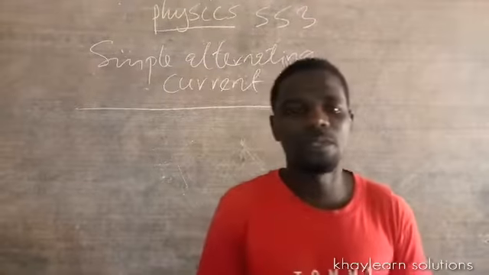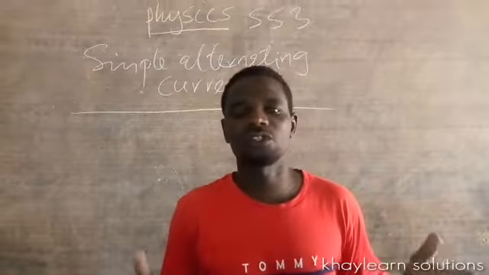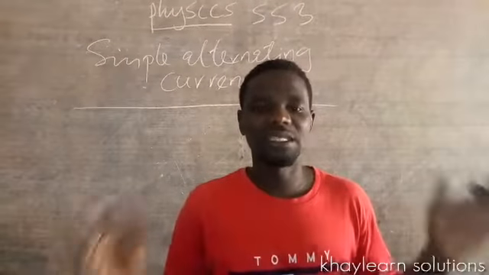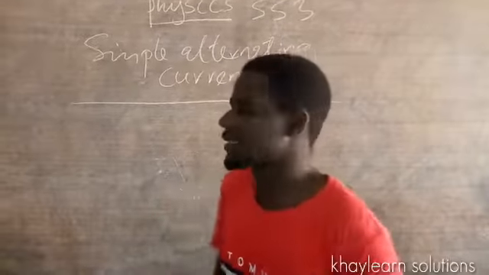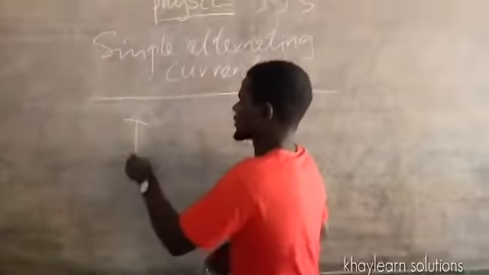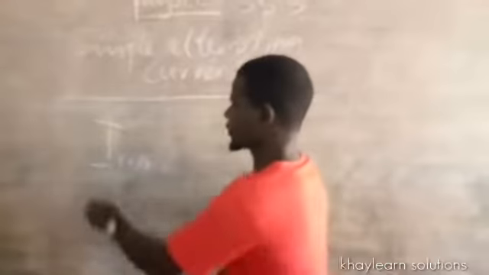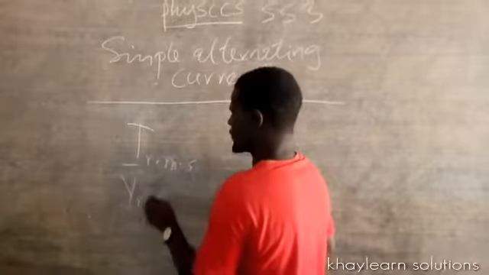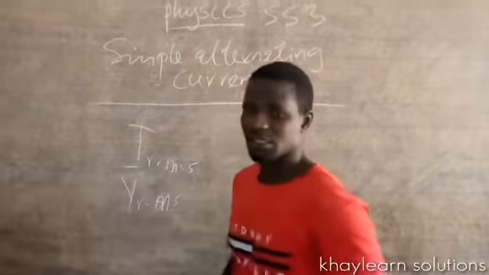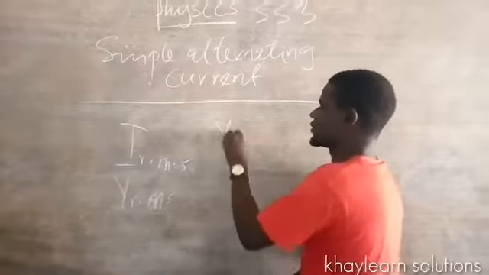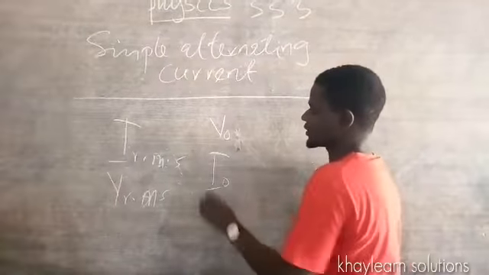Now, there are some important keys that one needs to know under simple alternating current. Number one is the root mean square value of a current. Root mean square voltage. And we have what is called the peak voltage and peak current.